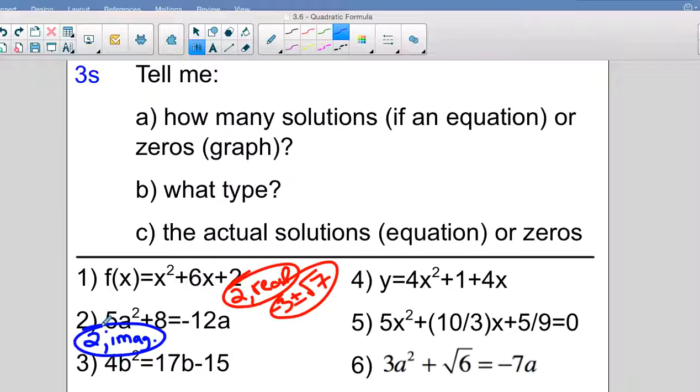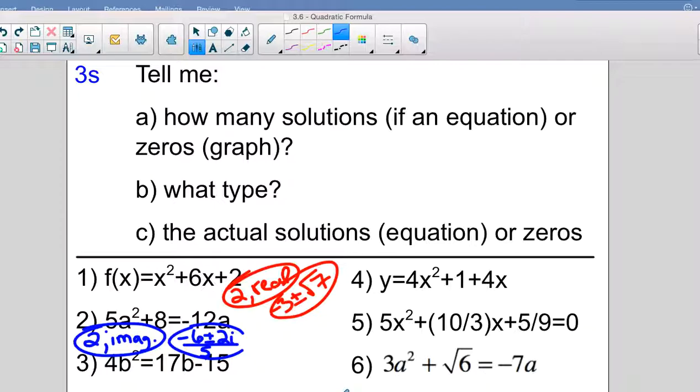And if you solved them, it came out to root negative 16, which is 4i. So negative 12 plus or minus 4i over 10, which they all have 2 in common, should reduce to negative 6 plus or minus 2i over 5.